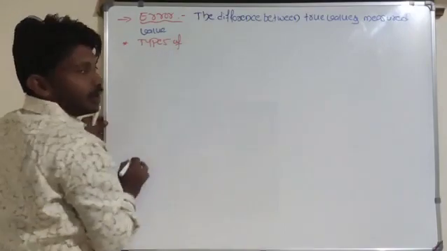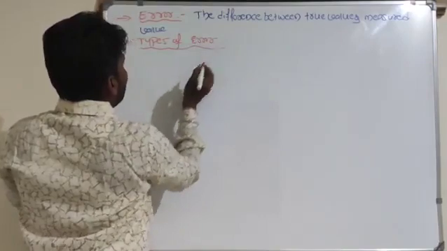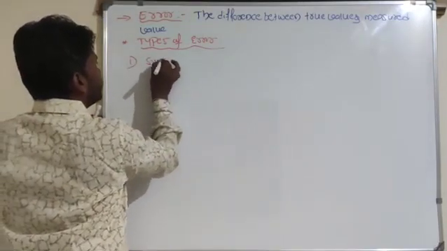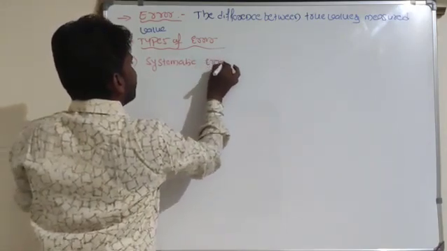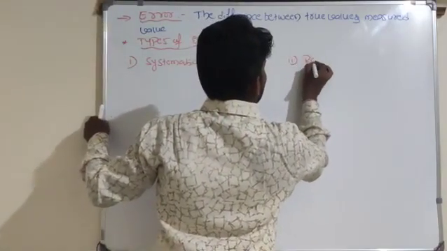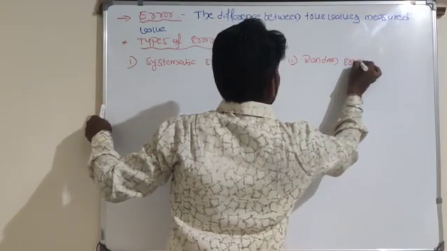First one is systematic error, and second one is random error.